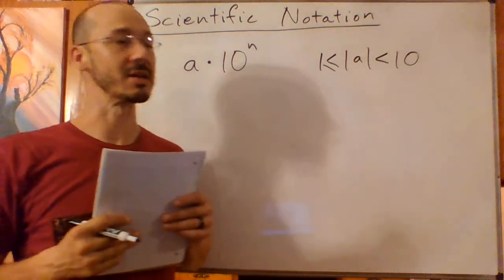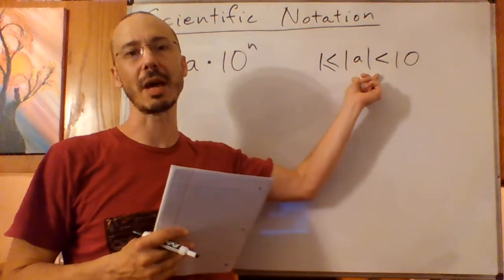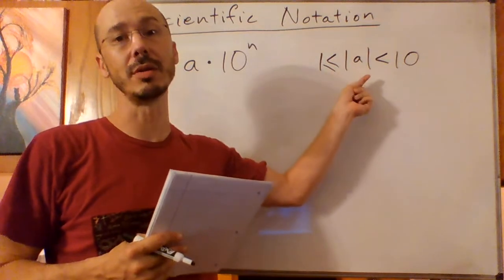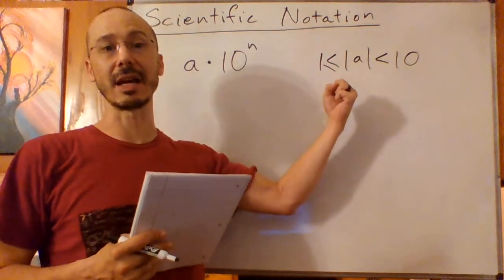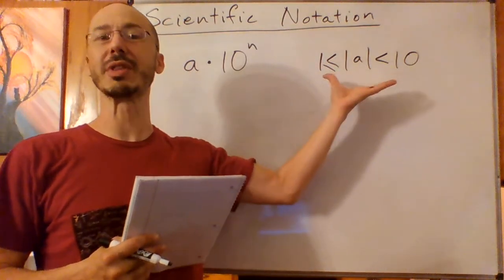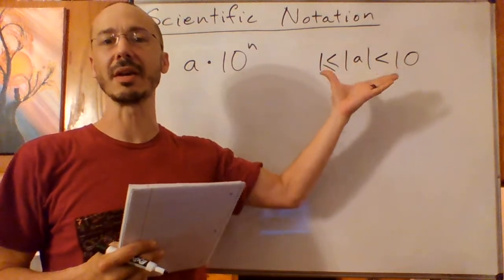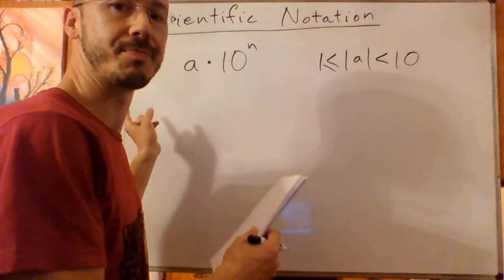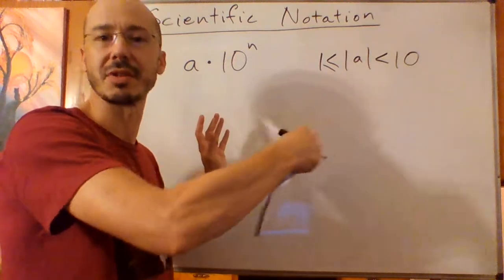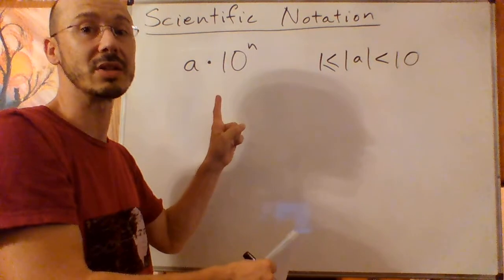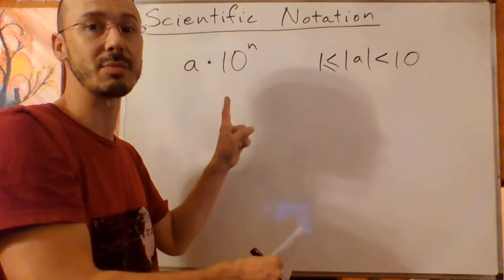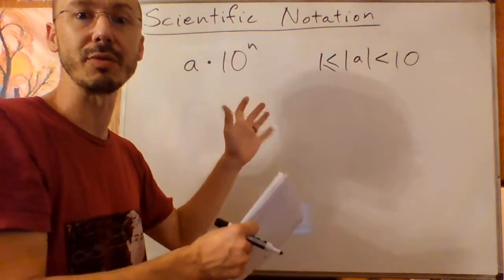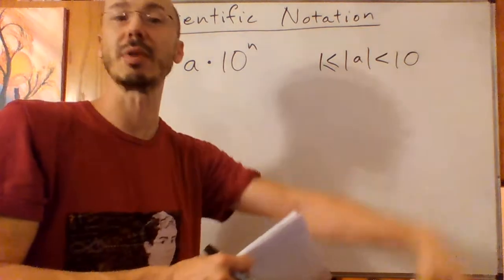And what I mean by that is that its size, or its absolute value, needs to be greater than or equal to 1 and less than 10, not less than or equal to. What this really means is that A is going to have one digit to the left of the decimal point, and as many as it wants to the right, but there's only one digit to the left of the decimal point, and it's not a 0. That's really a number 1 through 9 point, whatever the rest of the number is.